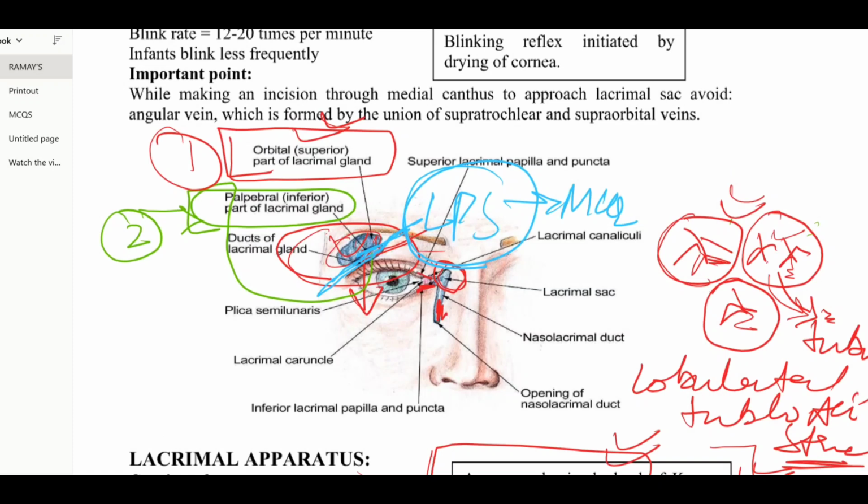Look here, this is the roof of the orbit, which is made by the frontal bone. Here is the lacrimal fossa formed by the frontal bone. The major part, the orbital part, lies in the lacrimal fossa in the superior part and the lateral part. Okay, remember this.